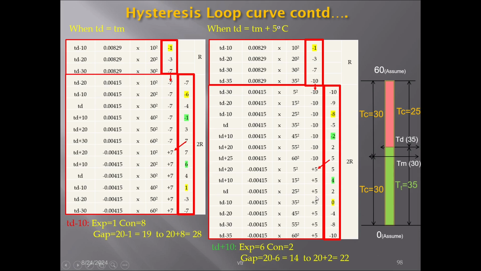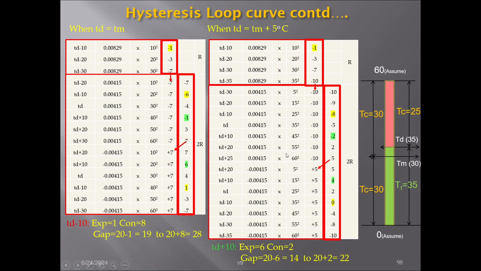In this region, for every 10 degree variation in temperature we are finding out, and we go up to TD minus 35, and finally here minus 10 will be there for TD minus 35. So this last column gives you, for various temperatures, how much contraction or expansion. As I told you, minus represents contraction, plus represents expansion.